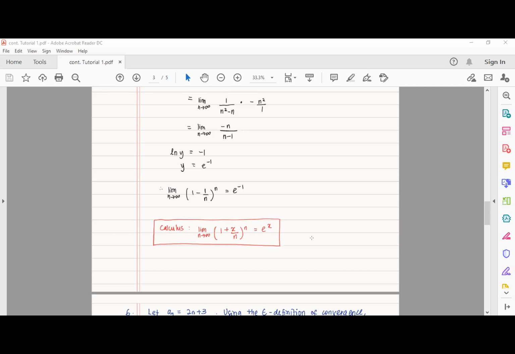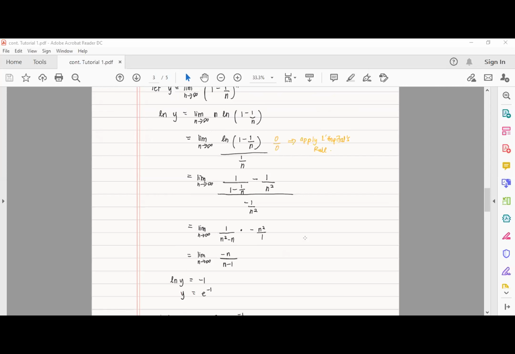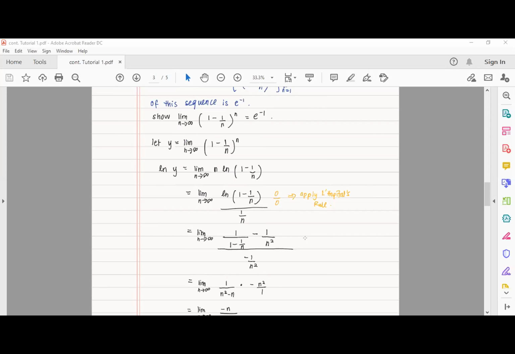Can you go a little bit up? Okay, so we want to show the limit of... you set it to be y. Then log of y equals the limit of that thing.